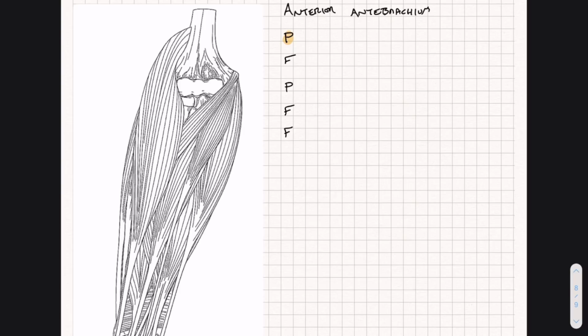So this first muscle we're going to talk about is called the pronator teres, and it's this little short one here. This originates on this landmark here, which is that medial epicondyle of the humerus, and it only crosses the elbow joint. So it starts at that medial epicondyle and goes over and attaches to the radius over there. This is called the pronator teres.